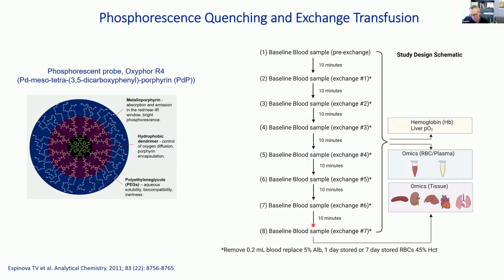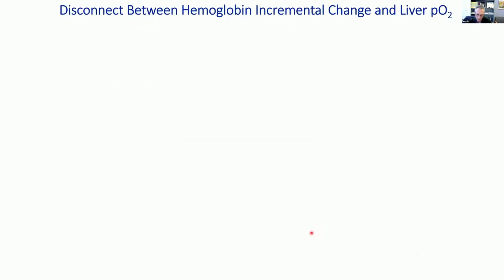And that transfused blood was at either 1 or 7 days of storage. And that blood was transfused back into these animals at a 45% hematocrit. So ultimately, the stored blood was returned to the animal to replace approximately 80% of their circulating blood volume.